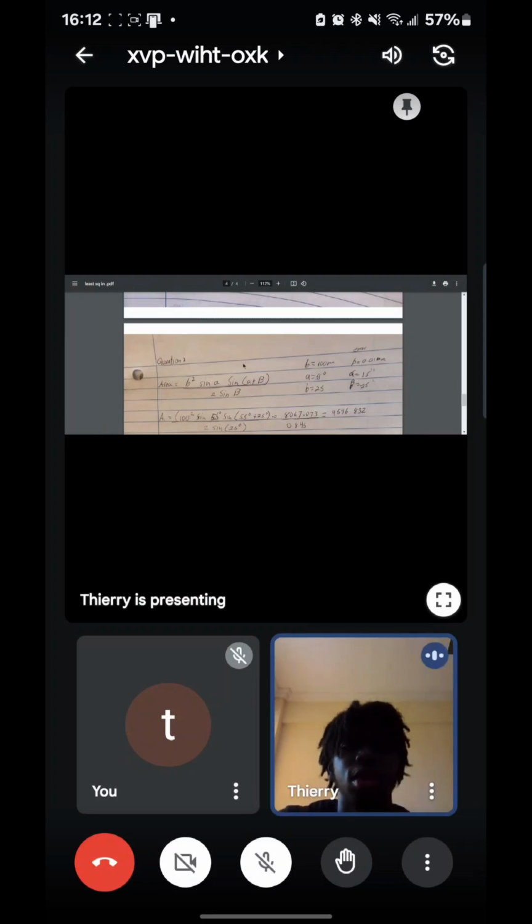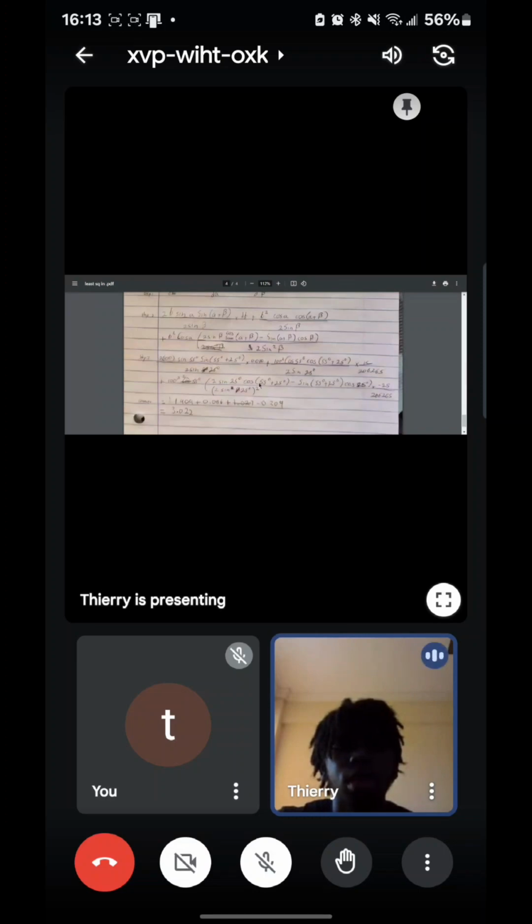The quotient rule for differentiating is v du/dx minus u dv/dx on v squared, making this equation here u and this equation here v. The denominator would be v squared, 2 sine beta all squared, as you can see down here.